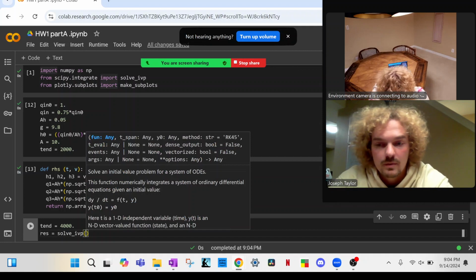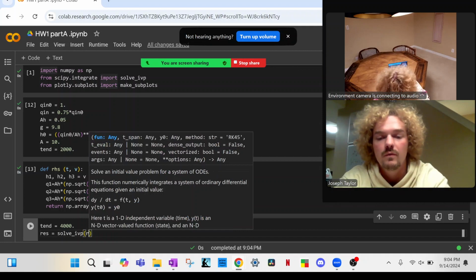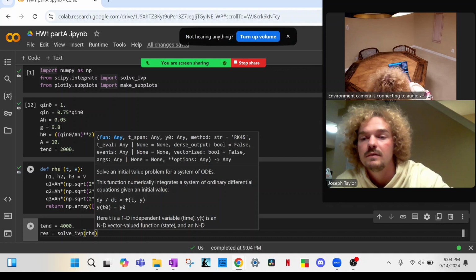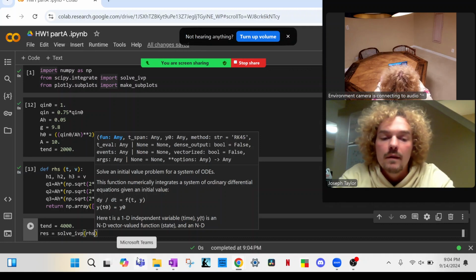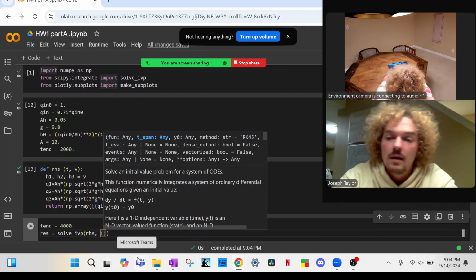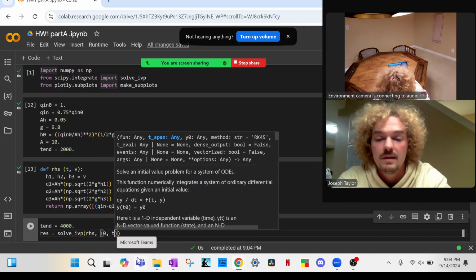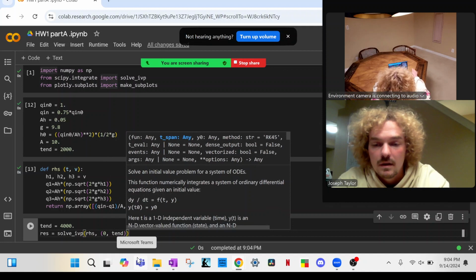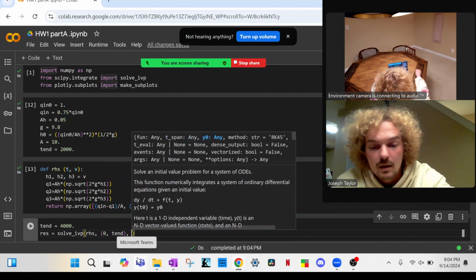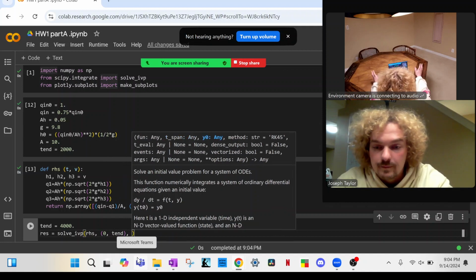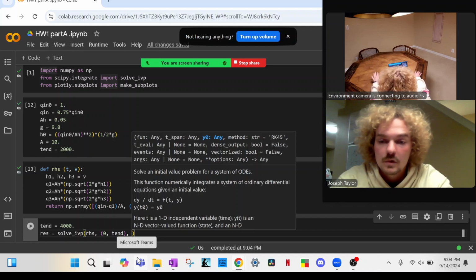For that, first we're going to tell it what to solve, which is the right-hand side, which we defined up here. And then next we're going to give it a time value. So it's going to be 0 to the t end, which is the end of the event that the equation is talking about.